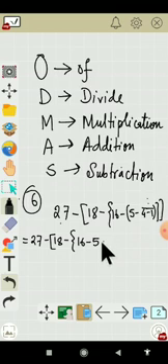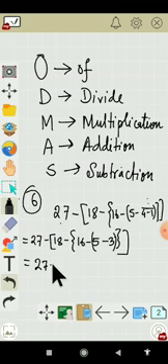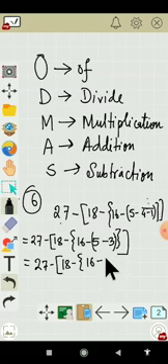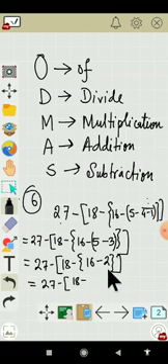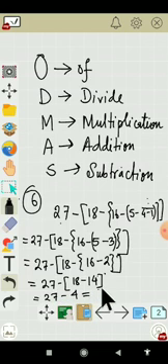So 4 minus 1 is 3. So 23 will be the answer here.